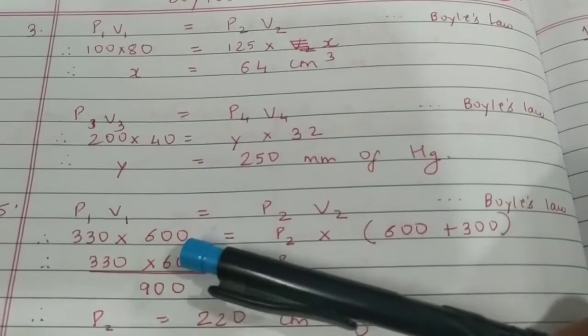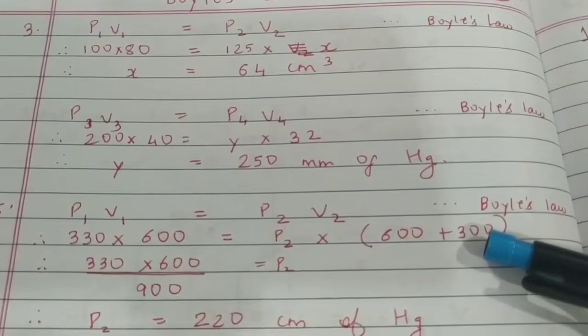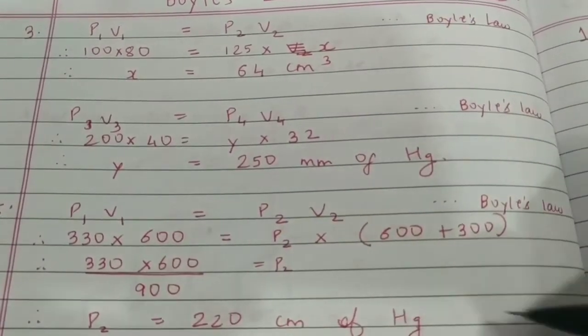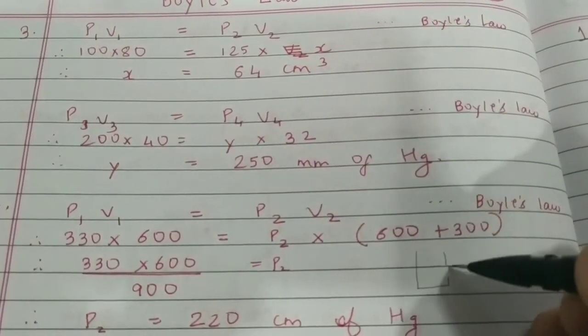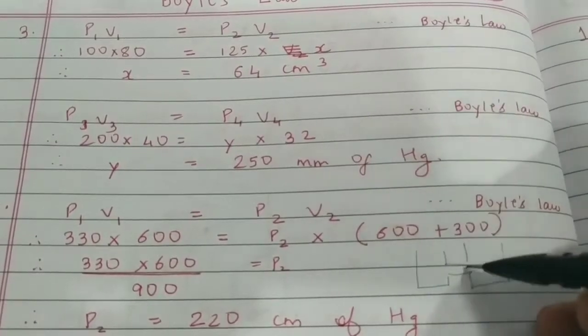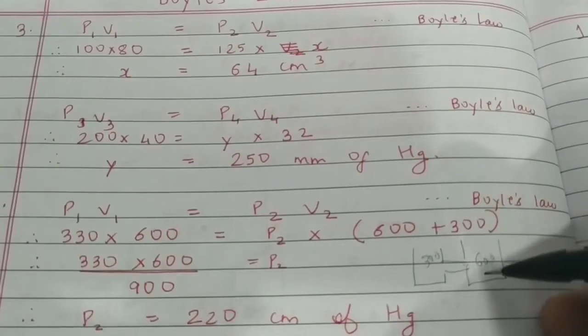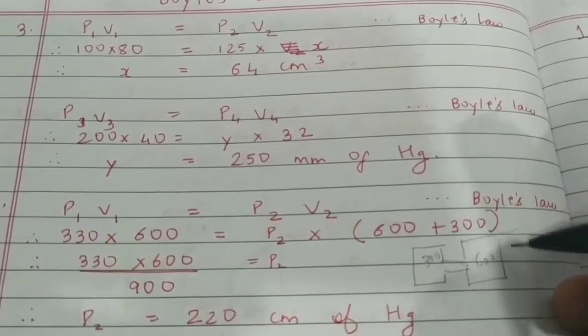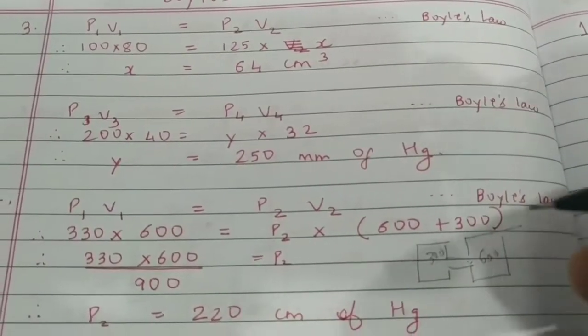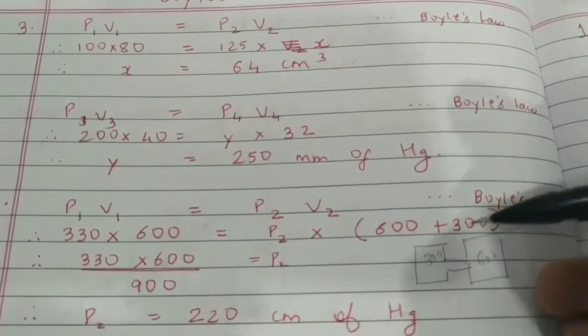So pressure, volume given, new volume is here and the new pressure is asked. The two vessels are perhaps connected with the help of a pipe. So if one is 600 and the other is 300, the gas will obviously occupy both the vessels now, which is available to it. So the total volume of the gas is 900.